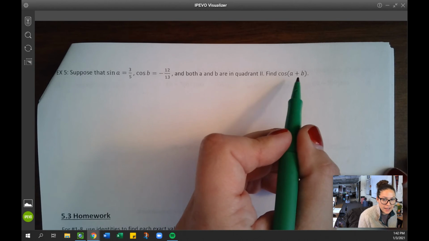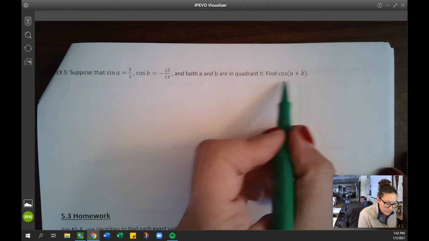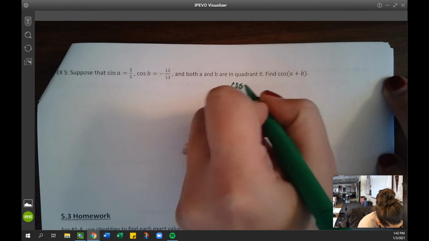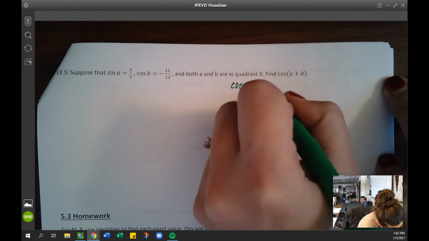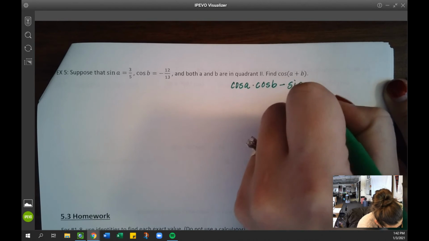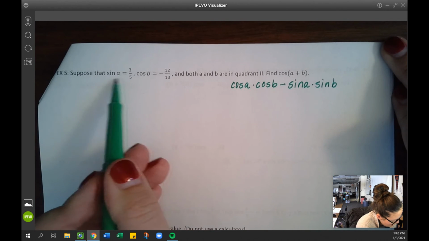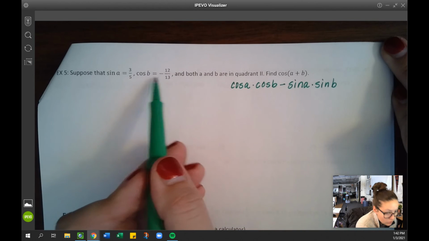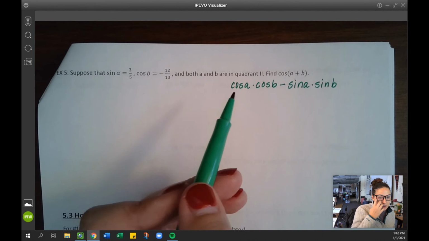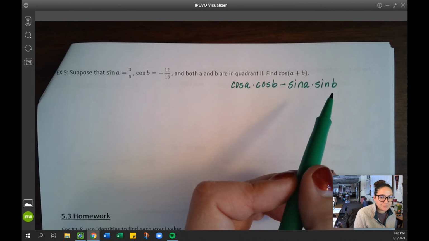Find cosine A plus B. All right, so to find cosine A plus B, we need cosine A, cosine B, minus sine A times sine B. So right now I do have sine A and I have cosine B, but I need to figure out what the cosine of A is and what the sine of B is.